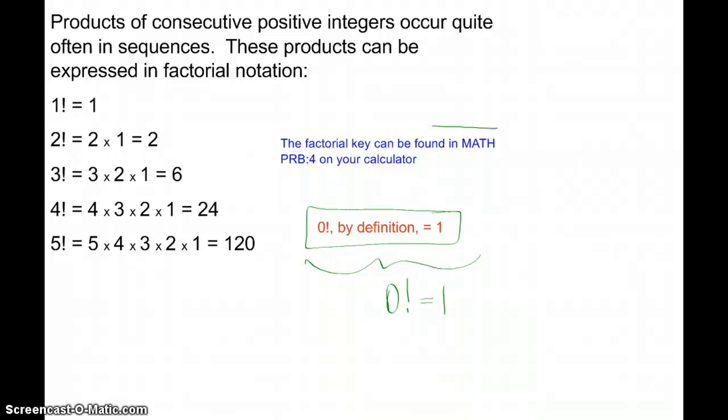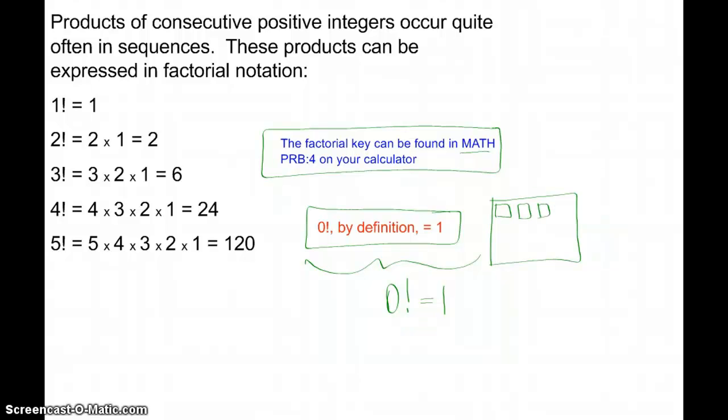On your calculator, there is a factorial that you can pull up. So for instance, if you need 13 factorial or 11 factorial, instead of trying to do that by hand, hit your math button, and on that screen there'll be 4 things listed up here. One of those things is probability, PRB. It's the last thing over here.